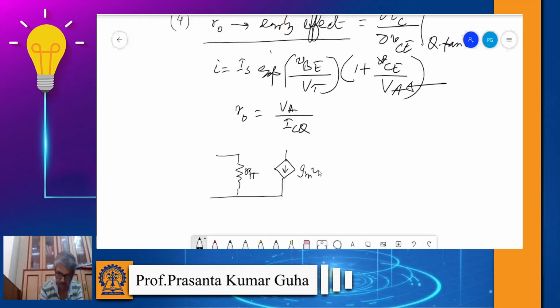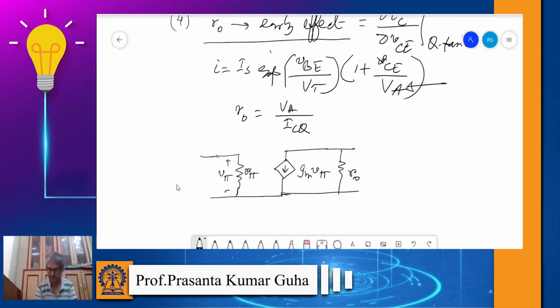If I consider the voltage drop here is V pi across R pi, that is VBE, so this is GM V pi, and this is basically your R naught, okay. So these are the small signal parameters which we will use to replace a BJT circuit when we analyze the BJT as an amplifier, right?